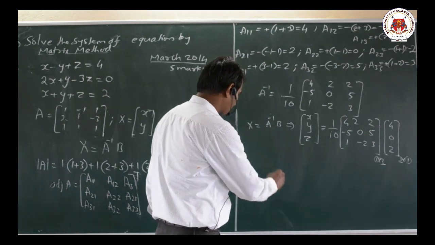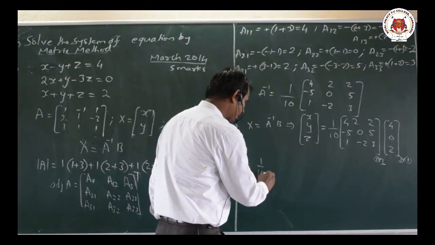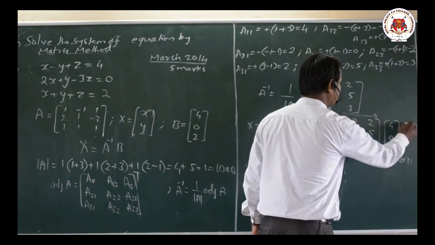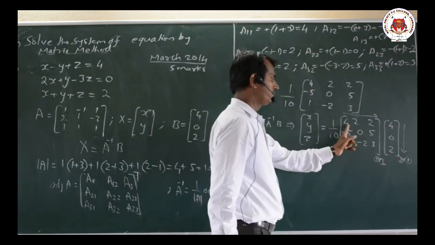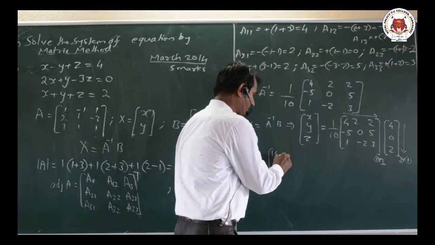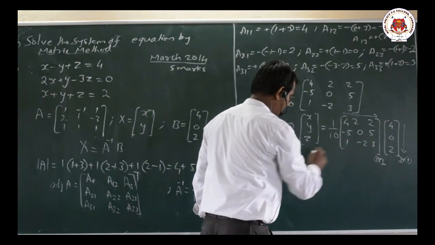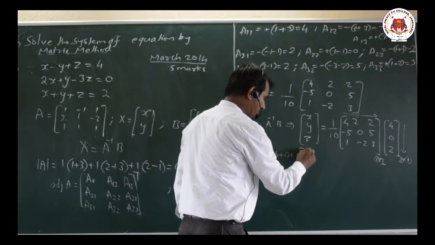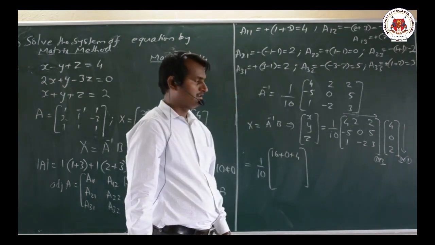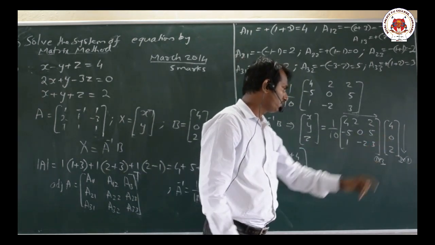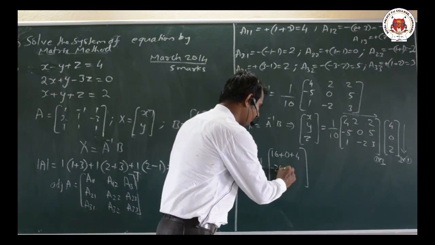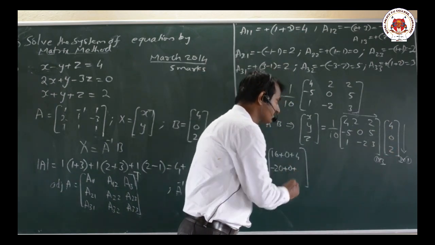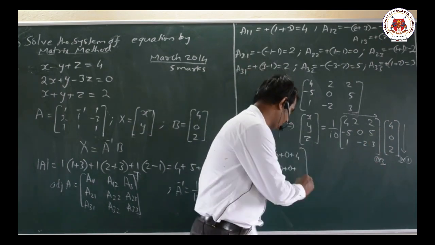Now which is equal to 1 by 10 into, I will multiply these two matrices here. That is 4 4s are 16, plus 2 into 0, 0, then plus 2 2s are 4. Next one, minus 5 into 4, that is minus 20, plus 0 into 0 will be 0, then plus 5 2s are 10.